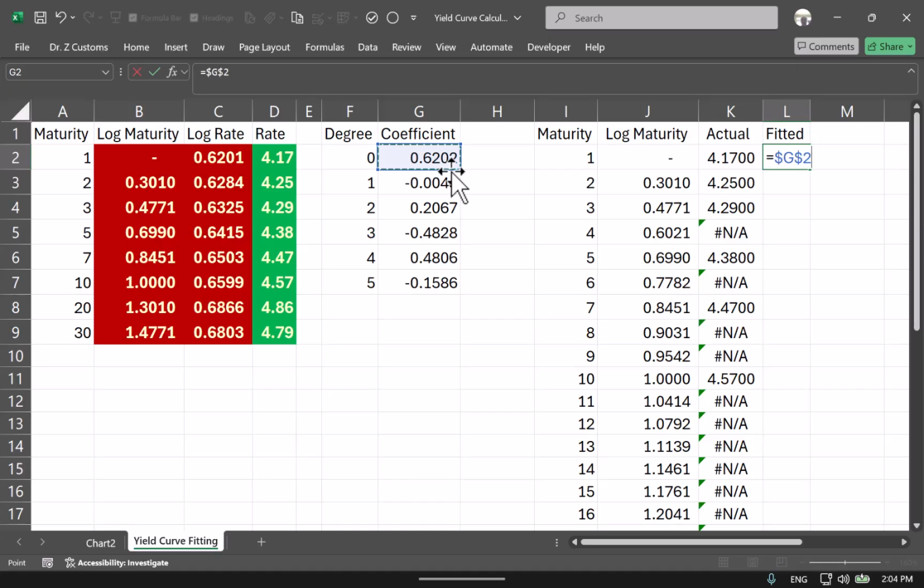Degree 0 plus degree 1 coefficient times my log of maturity. This is a highly inefficient way of calculating a polynomial, but I'm not going to worry about it.